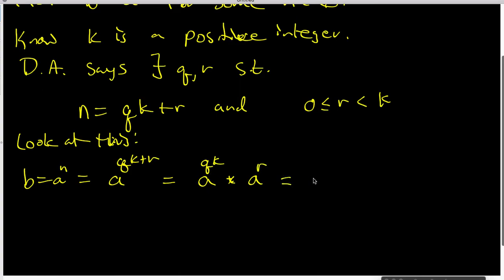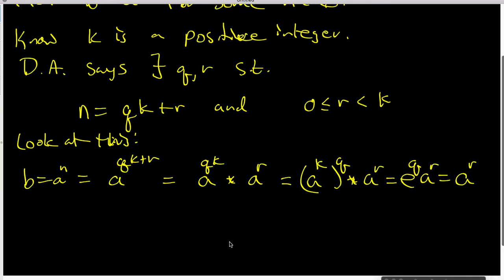And a to the qk can be written as a to the k raised to the q, times a to the r. But a to the k is just e, so that's going to be e to the q times a to the r, and that's going to be a to the r.